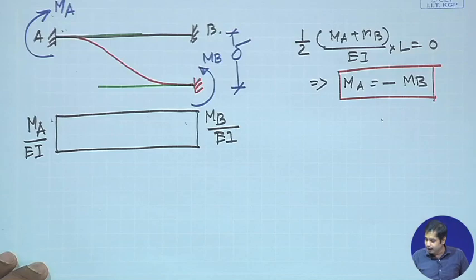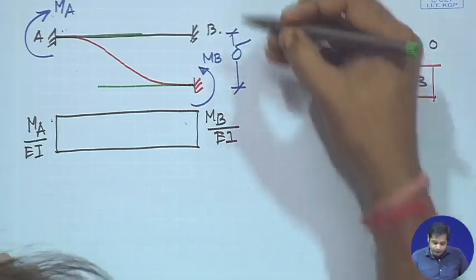Let us now apply the second theorem of the moment area method. Then what is this delta?